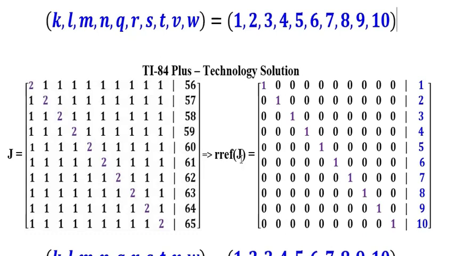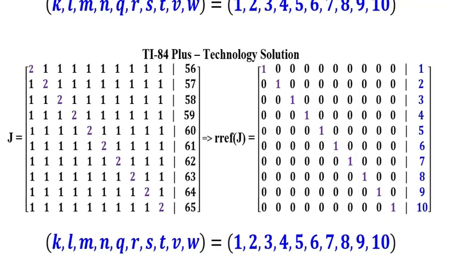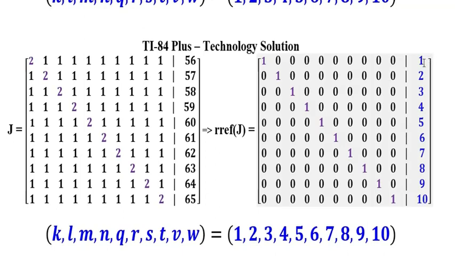When we do RREF on J, we get 1's in the diagonal, 0's above the diagonal, 0's below the diagonal. That means k equals 1, l equals 2, m equals 3, n equals 4, q equals 5, r equals 6, s equals 7, t equals 8, v equals 9, w equals 10.